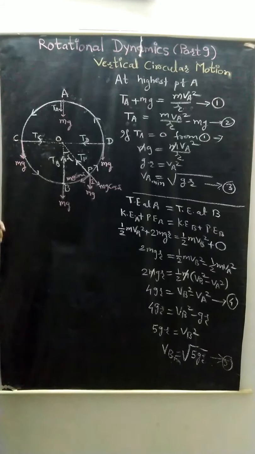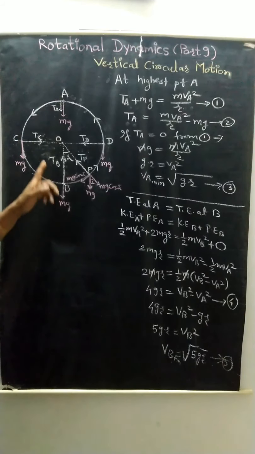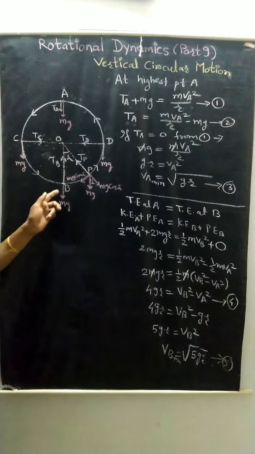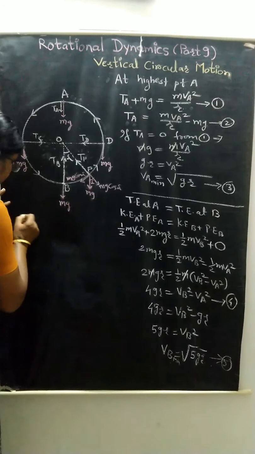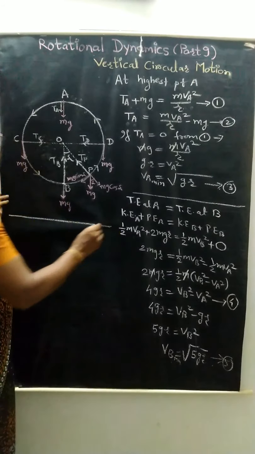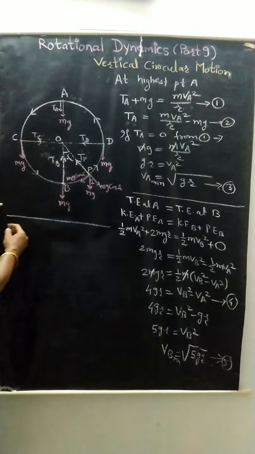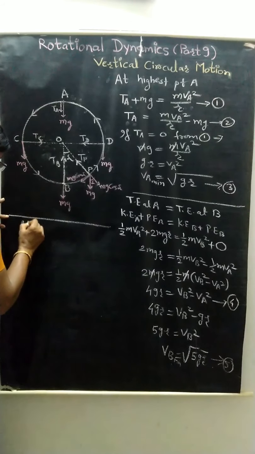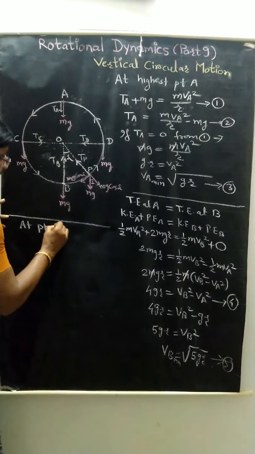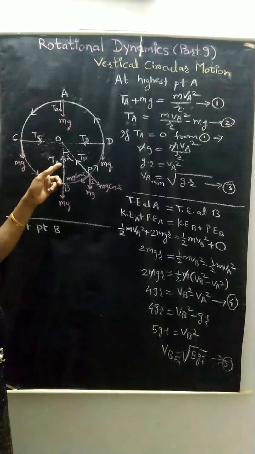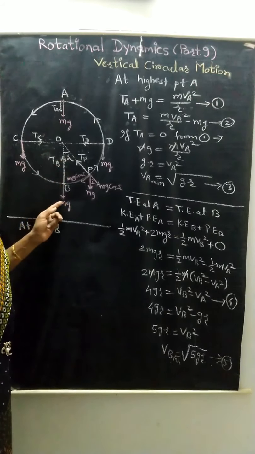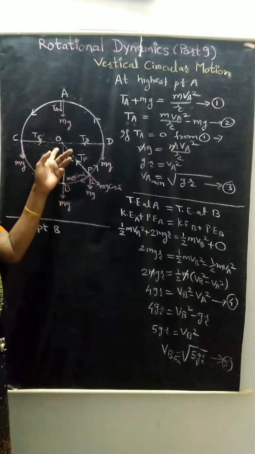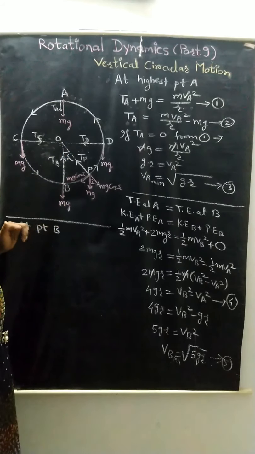Then we are going to find out the difference in the tension at lowest and at highest point. For that, I will have to write the equation at point B. At point B, the resultant of the tension, that is Tb, and the weight mg will provide the necessary centripetal force.